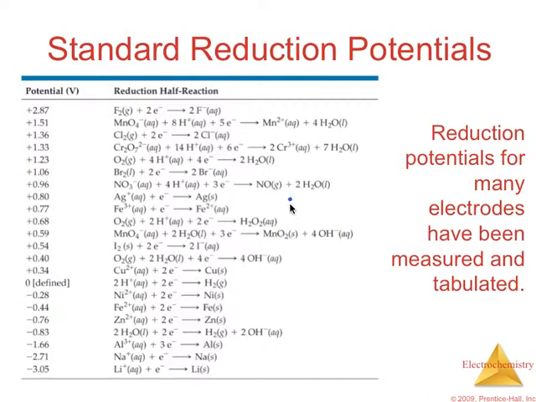So all of these are really experimentally defined, using what's known as the hydrogen standard electrode as the reference point. Okay, and that is set to 0. Everything else is experimentally tested against this half cell to see what its potential is.